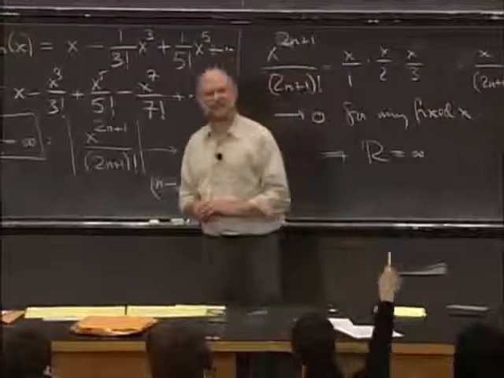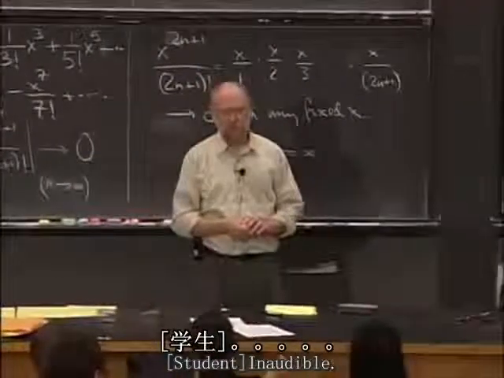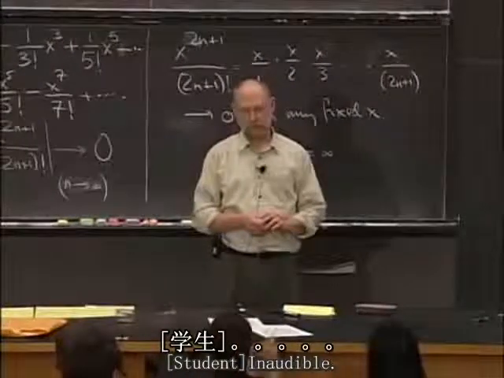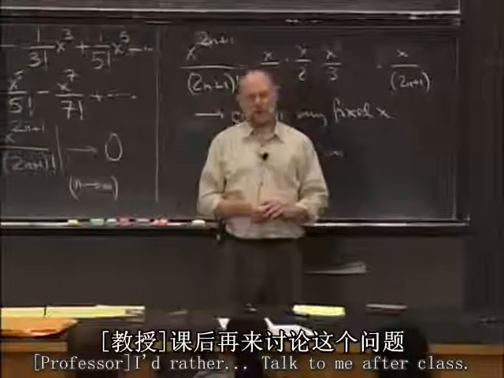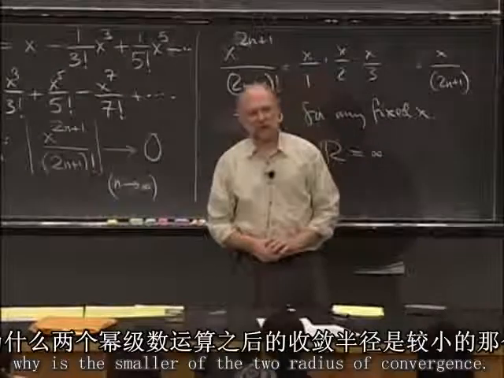Yeah? I'd rather talk to me after class. The question is, why is it the smaller of the two radii of convergence?